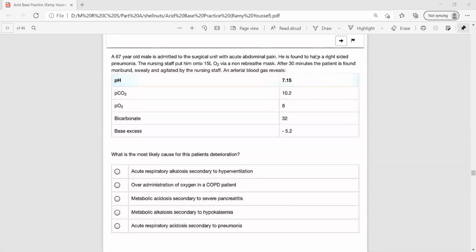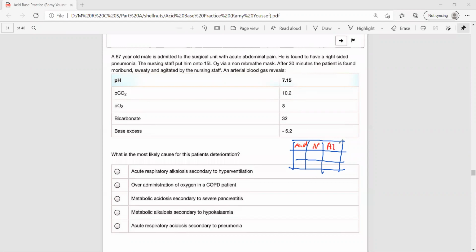Yeah, go to this question. A 67-year-old male is admitted to the surgical unit with acute abdominal pain. He is found to have a right-sided pneumonia. The nursing staff put him on 15 liters of oxygen via non-rebreathe mask. After 30 minutes, the patient is found morbid, sweaty and agitated by the nursing staff.